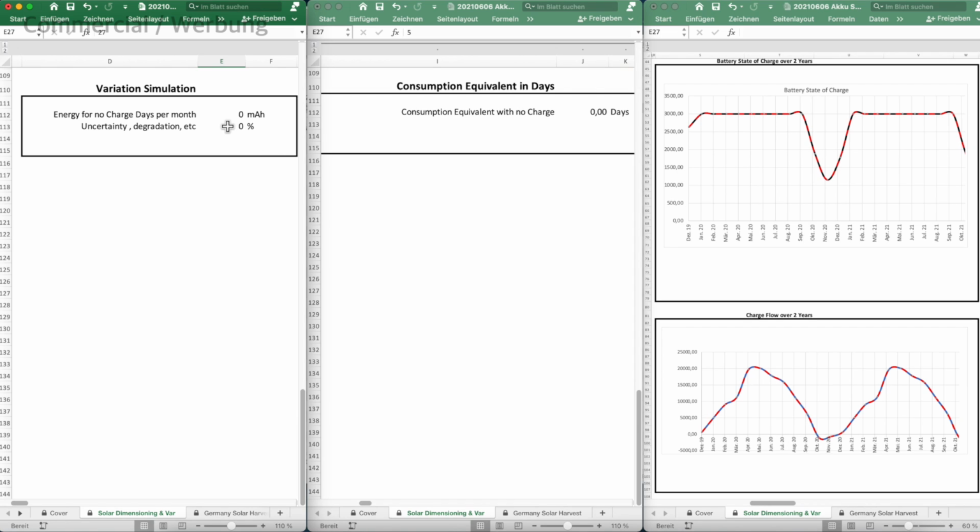We say that our uncertainties from our estimations and the degradations can be 15% maximum. The resulting energy budgets in the right window are still okay for this case. Very good.